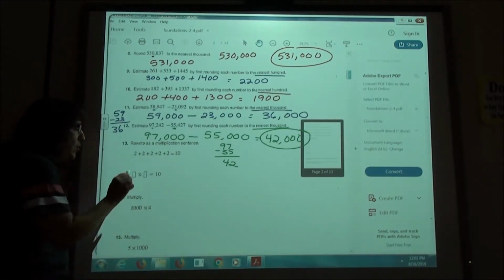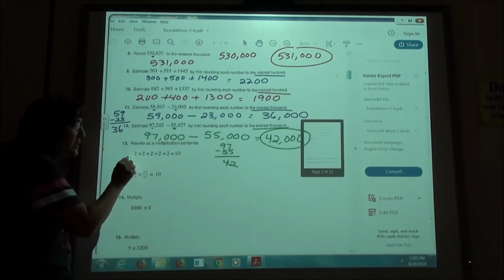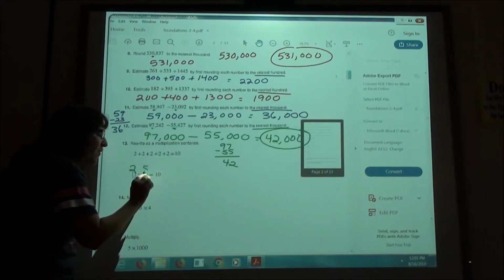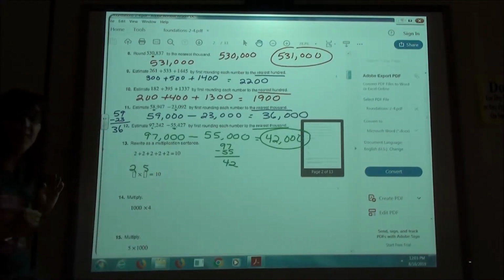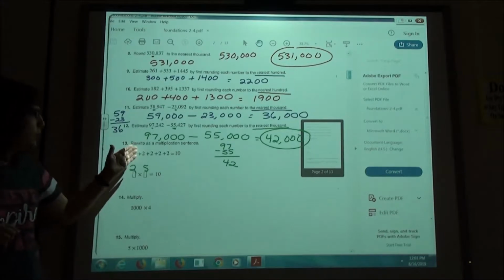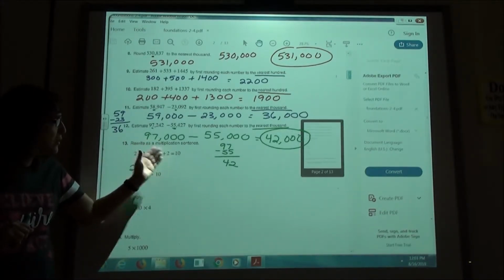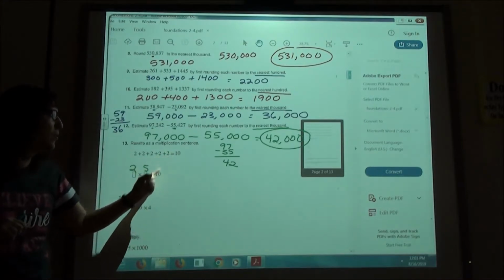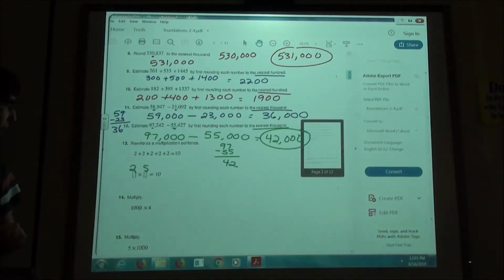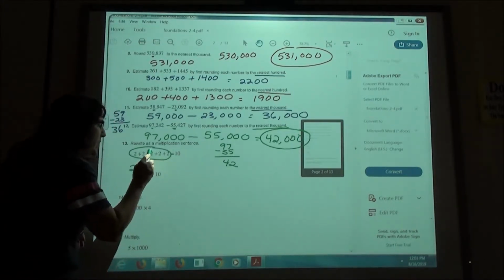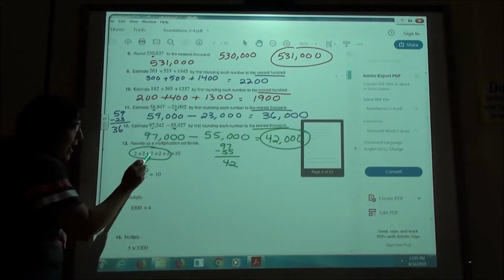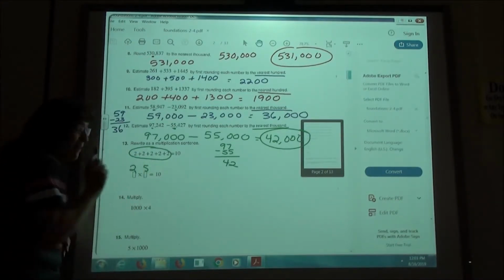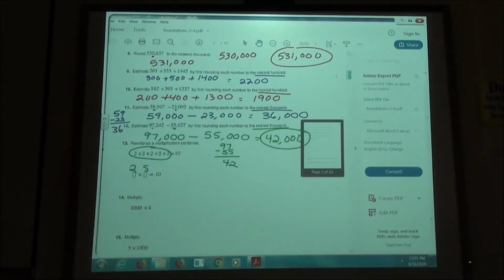So what I'm really doing is taking 2, which is my base number, times 5, because that's how many times I have it there on my list. So 2 plus 2 plus 2 plus 2 plus 2 is the same thing as having 2 times 5. They both equal 10. She only gives you one example of that one, but basically you're going to change this to whatever this number is, and then how many times do I have it in my list.